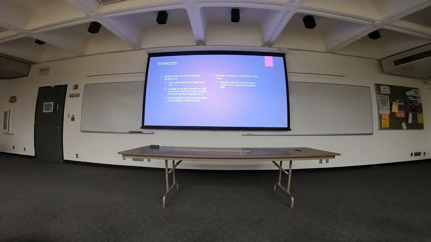So the chromosomes get duplicated before division, just like they do, or at least very similar to the way that they do in mitosis. But after that 1 round of chromosome duplication, there are 2 rounds of cell division without a 2nd chromosome duplication. That's how you end up with half the normal number of chromosomes.